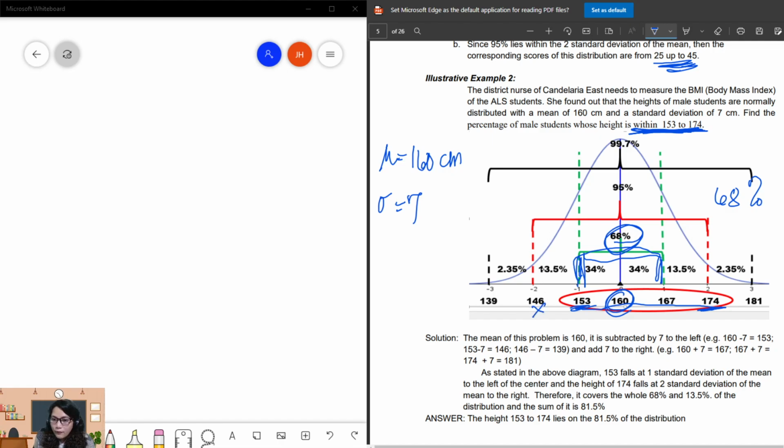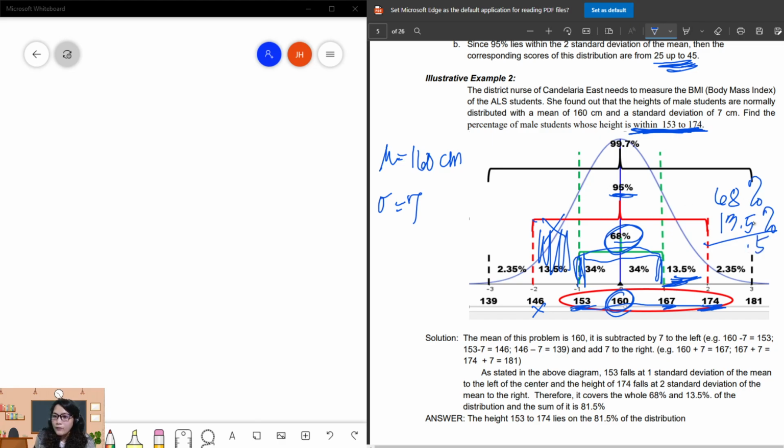Therefore, we cannot use this whole 95%, because this part is not included. What is only included? This part, 167 to 174. Therefore, to the 68 you are just going to add this one. You're just going to add 13.5, because it is just a part of the 95%, not the whole.